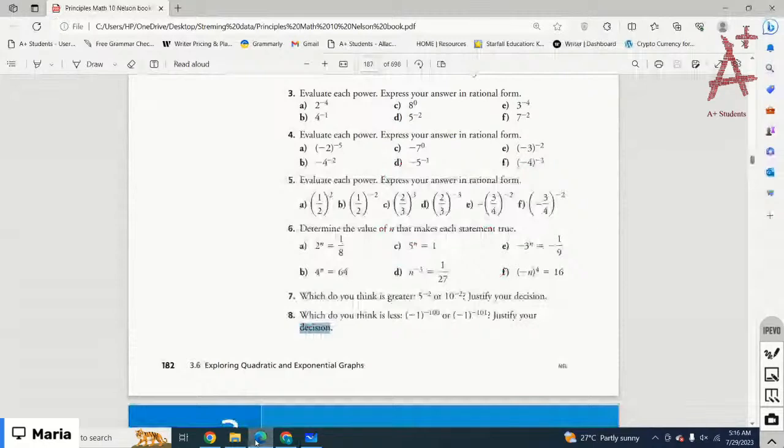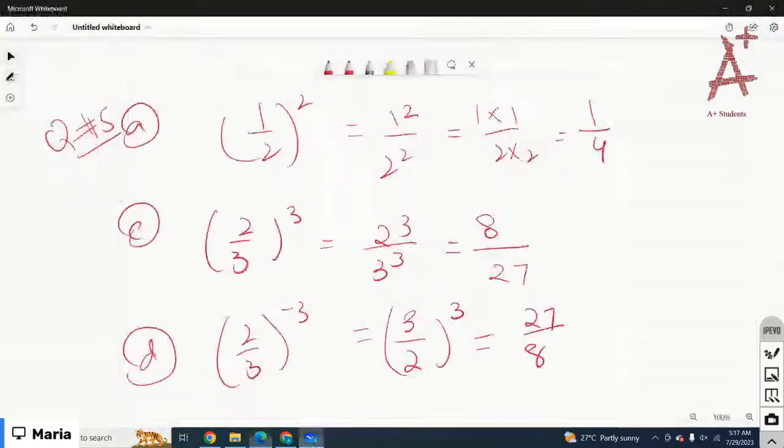Okay, the first one is 2 exponent n equals 1 over 8. Determine the value of n that makes each statement true.